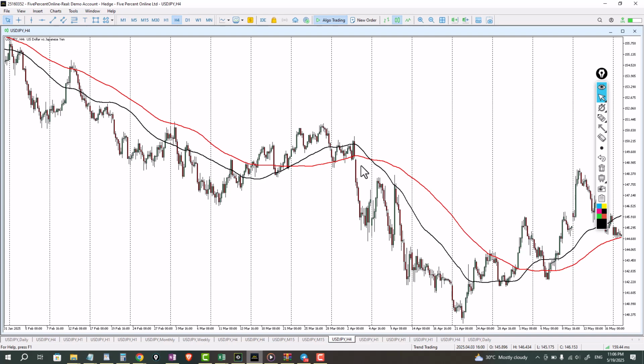Because if we were to know with 100% certainty that price is going to do one thing, then there's absolutely no reason for us to use proper risk management. If you knew that price was going to move 10 pips or 100 pips an hour from now, it wouldn't make sense for you to limit the amount of money you're risking on the trade, because you're just going to be limiting the profits you'd make from that trade.